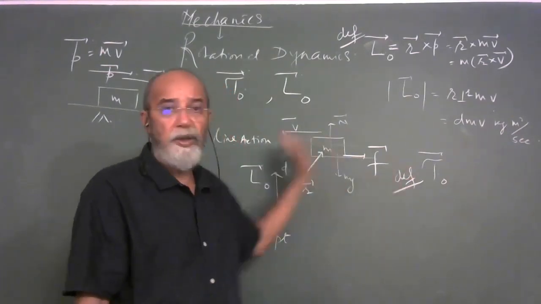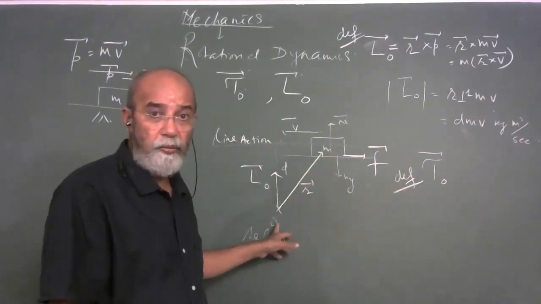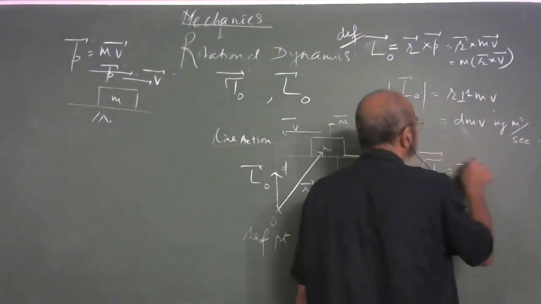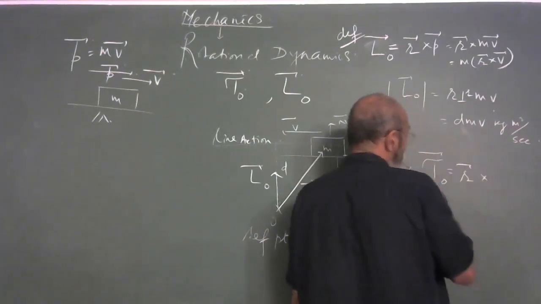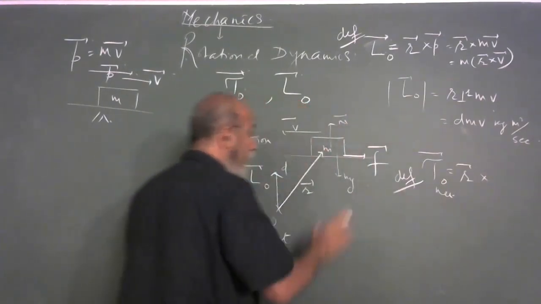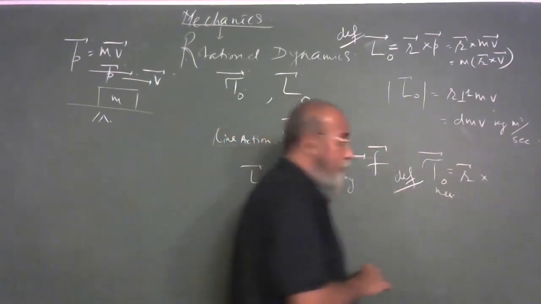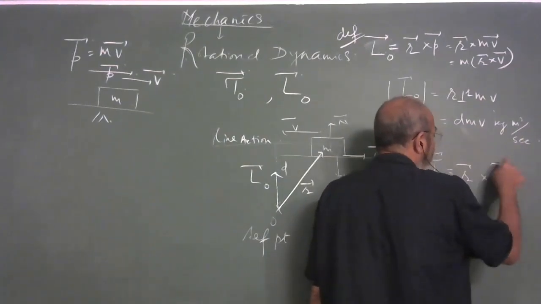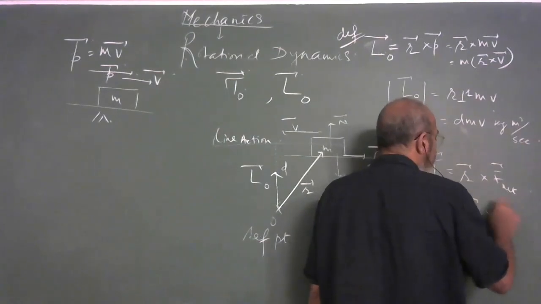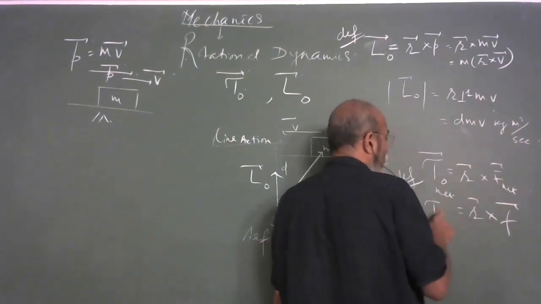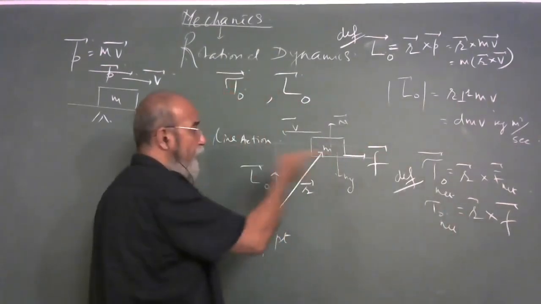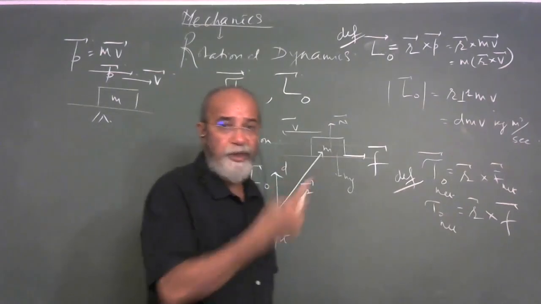Let us find the torque about O. Applying the definition, which is very elaborate: torque net in the direction of the dynamics is equal to R cross F net in the direction of the dynamics. There is only one force, which is the net force, which is friction.